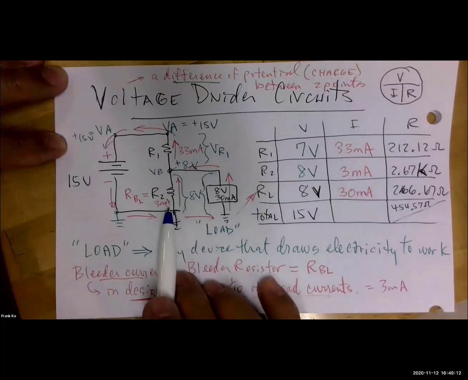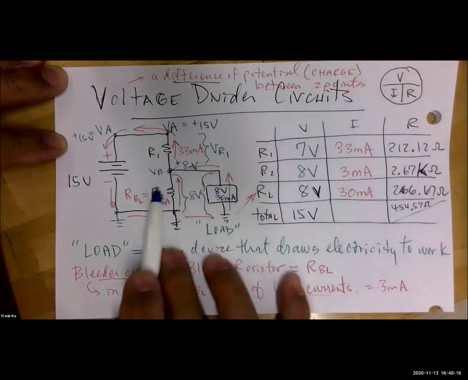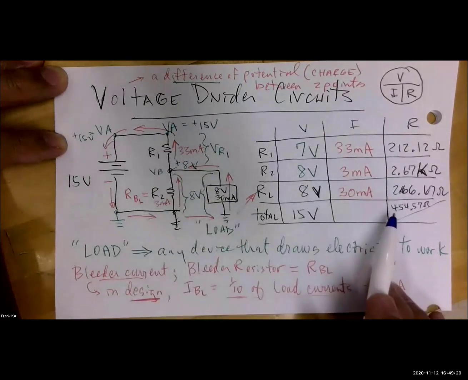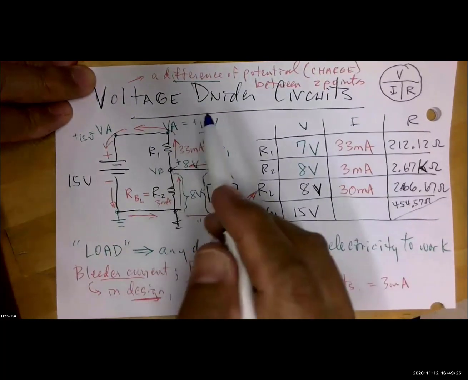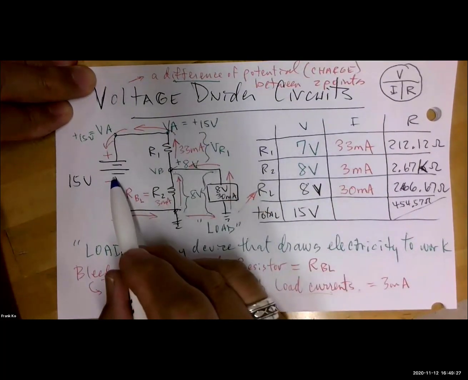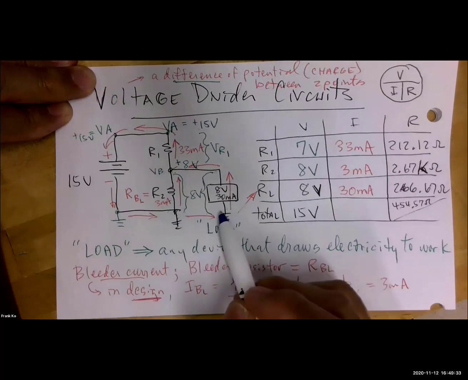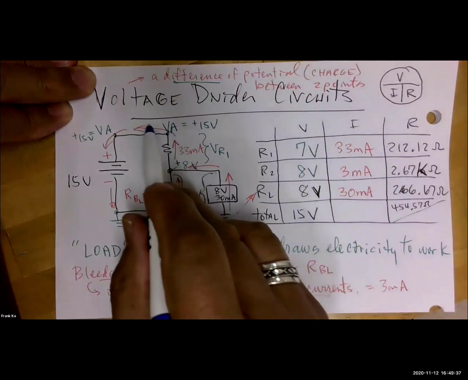So I would submit an alternative method. That was a bit of work, calculating these in parallel with each other to a single equivalent to be added to R1 to give us this total. That works fine. But hopefully you would have realized this. The current that came out of the source at the bottom of the circuit came this way and split, and then they recombined to 33 milliamps going back to the source.